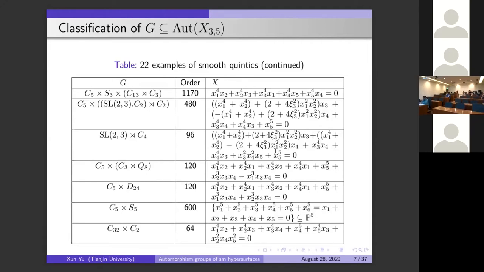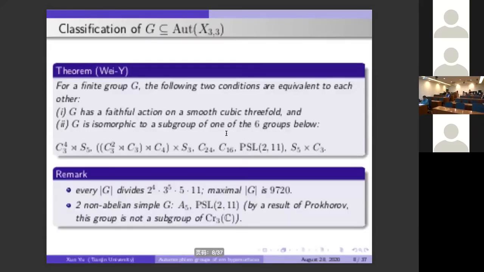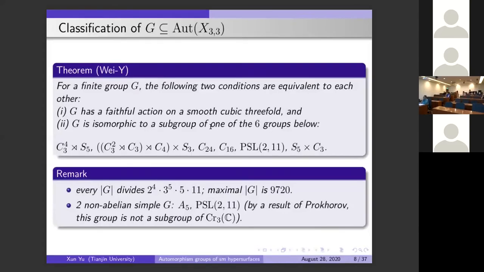Okay, so in the cubic threefold case, the possible groups are much fewer. It turns out a finite group can act on a smooth cubic threefold if and only if it is isomorphic to a subgroup of one of the following 6 groups. For every possible G, the order divides this number.